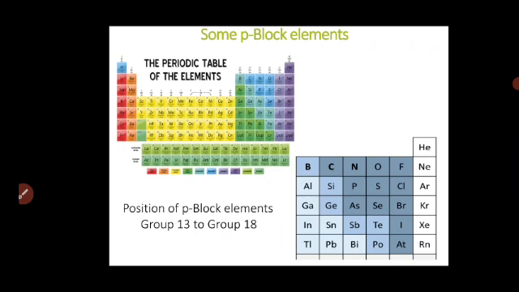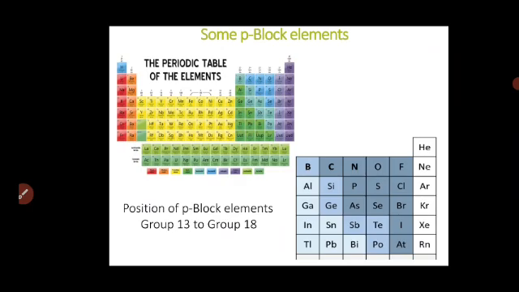For every orbital the maximum capacity of electrons to accommodate is 2, and therefore s orbital can consist of only 2 electrons, and hence first two groups are called as S block elements.